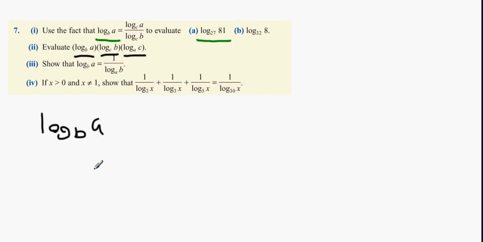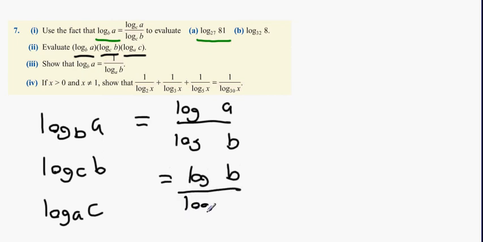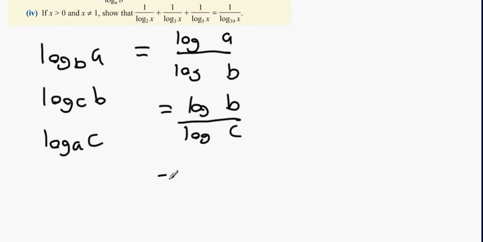Log B to the base A, then log C to the base B, and the one after that is log A to the base C. Let's change them into base A's. So log A over log B, log B over log C, and then the last one is log C over log A.